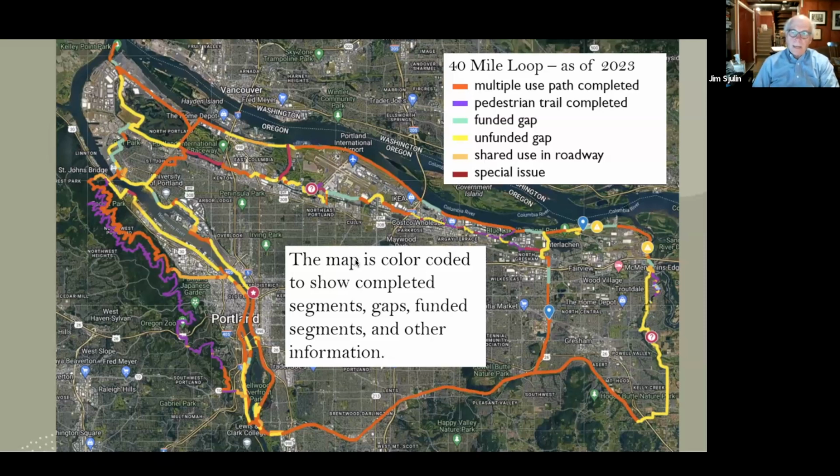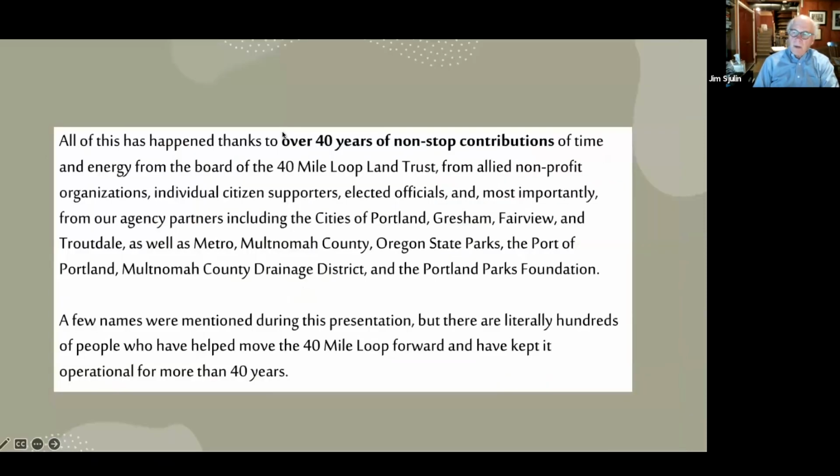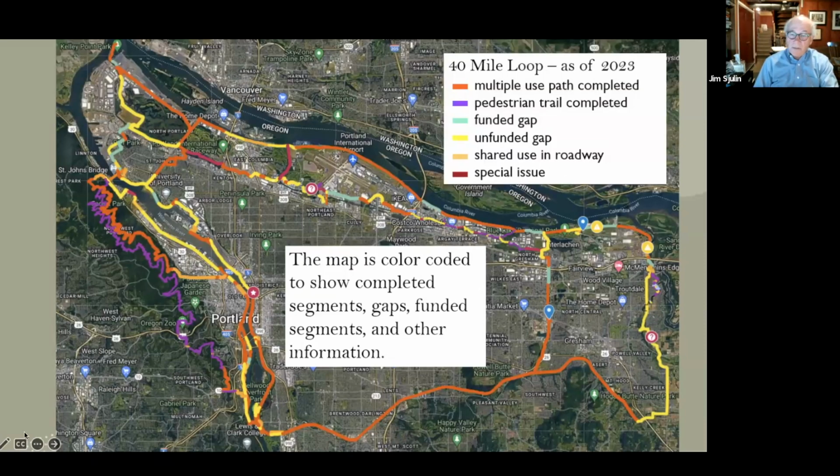If we have follow-up questions about specific portions of this loop, I have a live version of this map at the 40-mile loop website, and you could go there if you were curious.